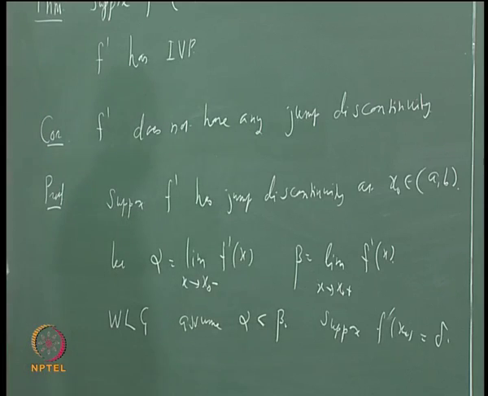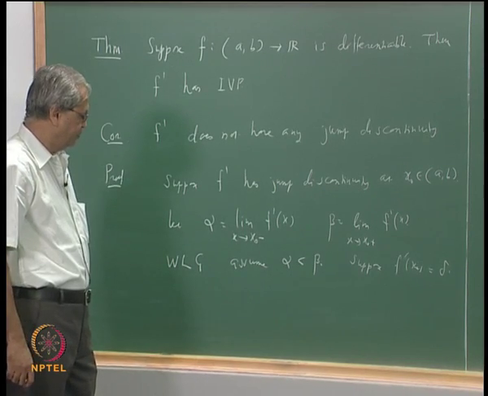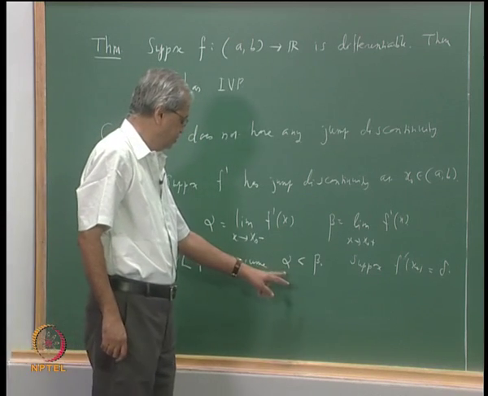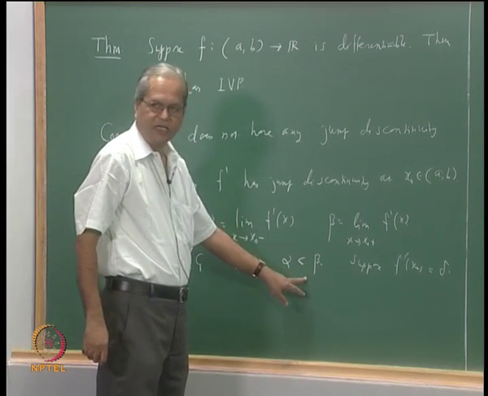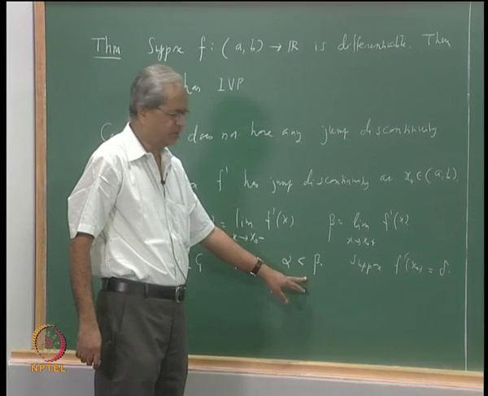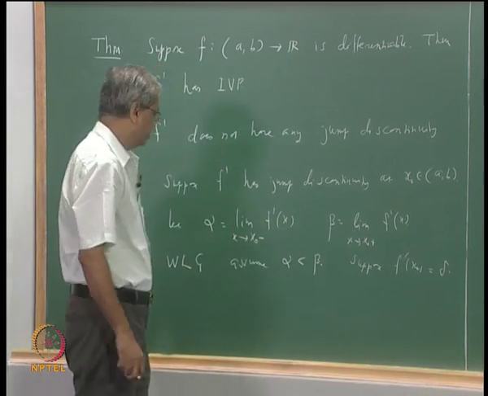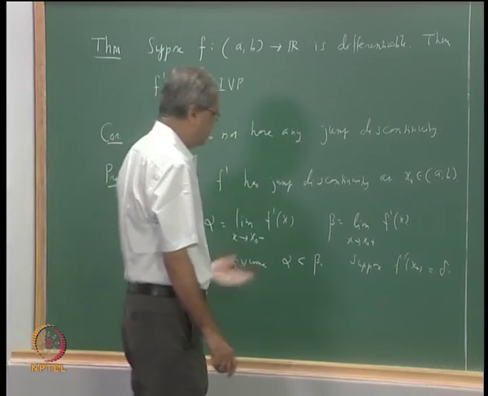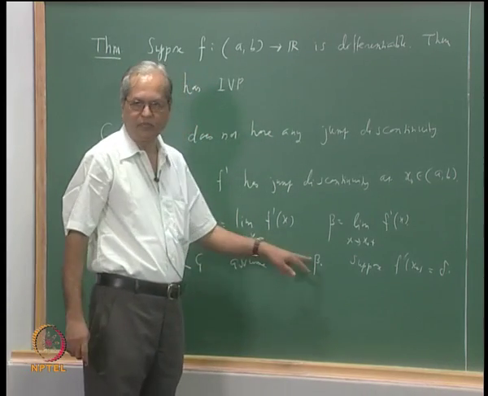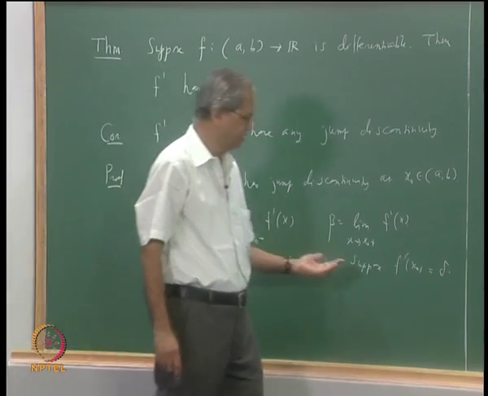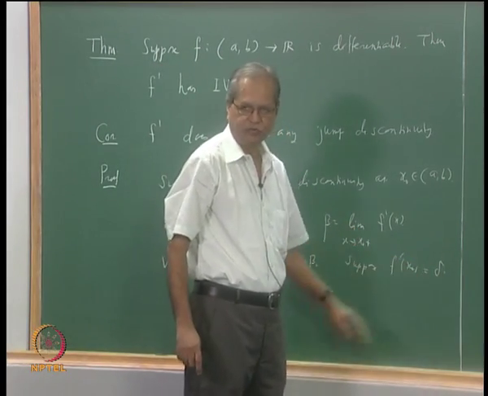Okay. Now we will choose some number which lies between alpha and beta, but is different from delta. Okay. This we can always find because there are infinitely many real numbers lying between alpha and beta, so we can easily choose one which is different from delta.